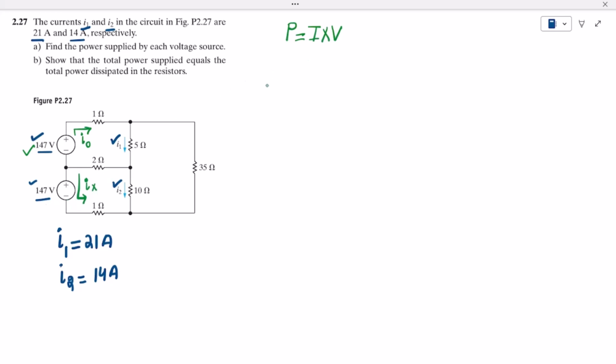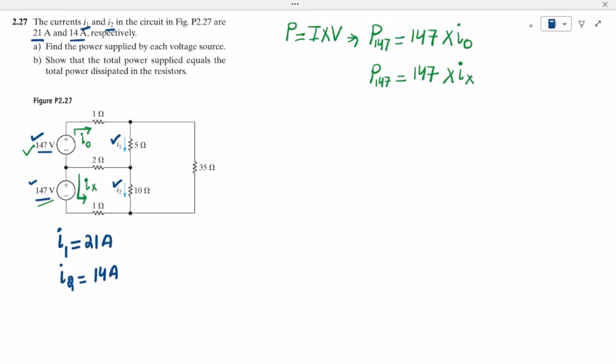After finding them, the power supplied by the first 147 volts source is 147 multiplied by the current I naught, and for the other one, also 147, it would be 147 multiplied by the current Ix.